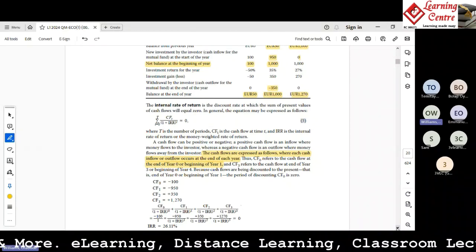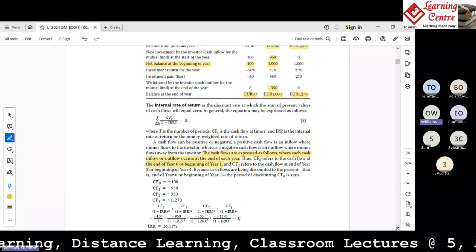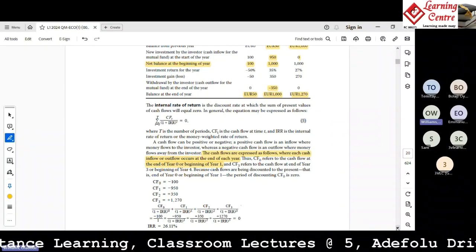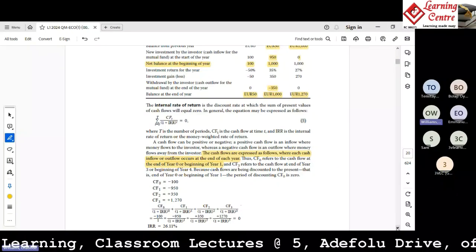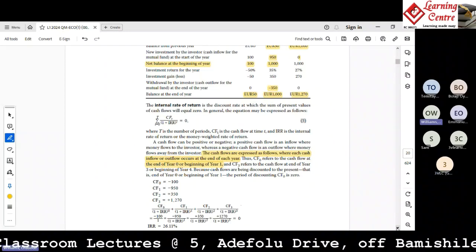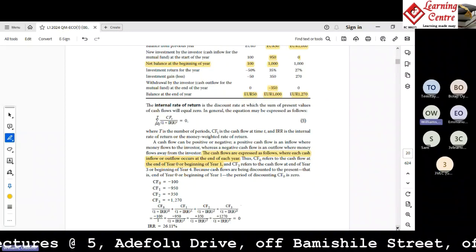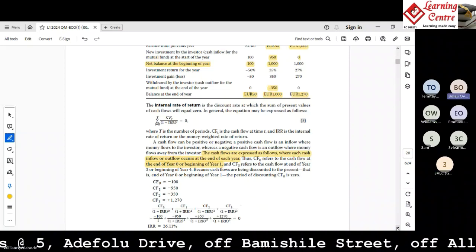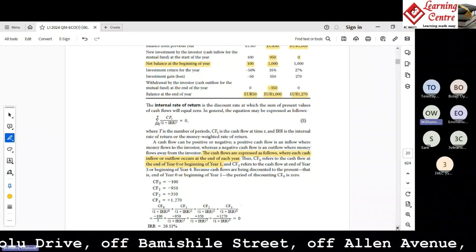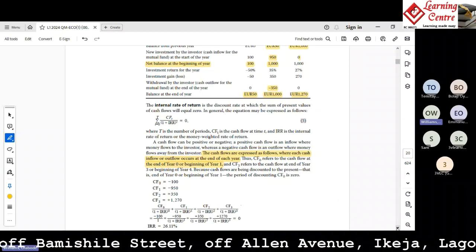So as long as you have categorized them into the periods, aggregate all of the cash flow per period, so that at the end of the day, you only have one cash flow per period. That is, you will have aggregated all of the cash flows in and out for that period. Is that your question? Yeah, it's good. Okay. Shortly, we will see another question that we can use to buttress that.